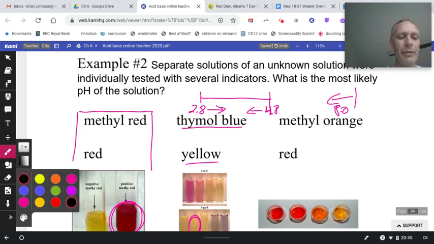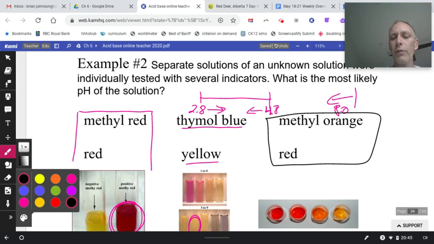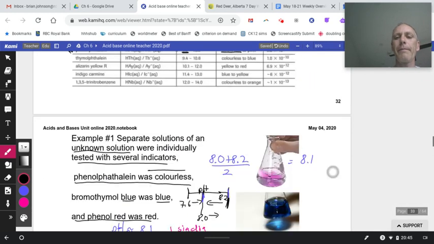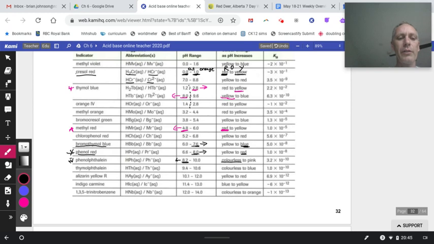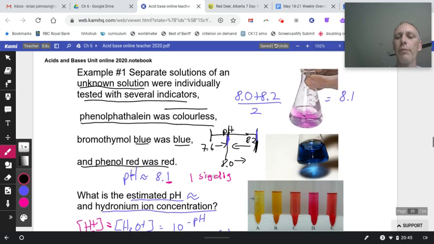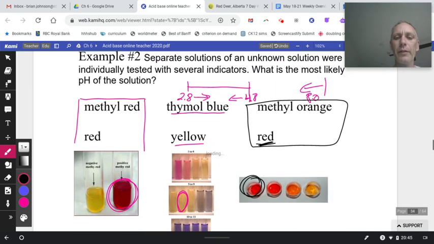Our last piece of information, methyl orange turns red. Here's methyl orange, and it turns red on the left, and red means below 3.2. Okay, so that means somewhere in the middle here. Our final two lines that will help us are above 2.8 and below 3.2.